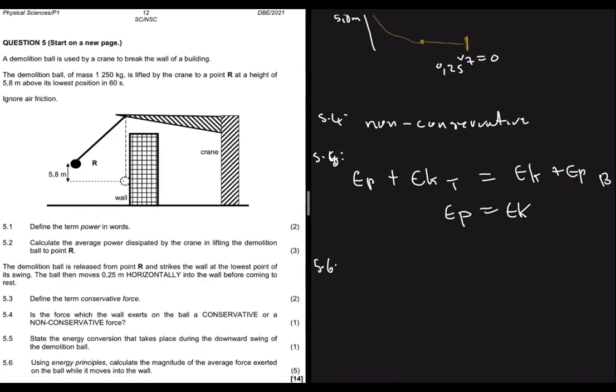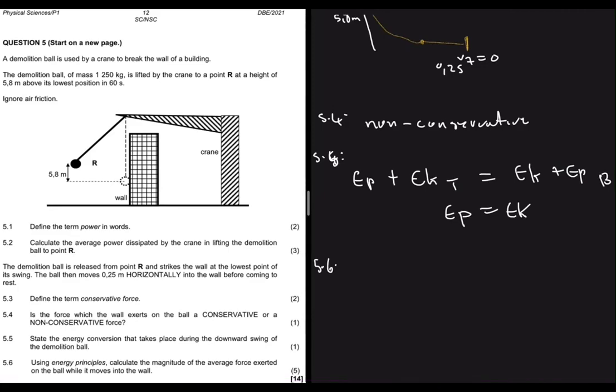5.6 says, using energy principle, calculate the magnitude of the average force exerted on the ball while it moves into the wall. If you've watched other videos of mine, I always say that usually 5.3 helps you answer 5.4 and then 5.4, 5.5, and so on. So let's go ahead and try and apply the same principle to this problem. 5.5, we see that at the top we have EP and then at the bottom we have EK.